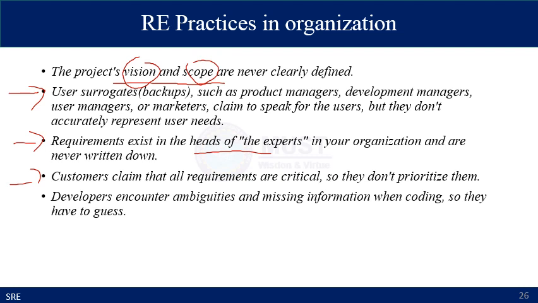So they place every requirement at the top. Additionally, developers encounter ambiguities and missing information when they start to code, so they have to guess. So sometimes they guess right what the actual expectation of users is, and sometimes they get it wrong.